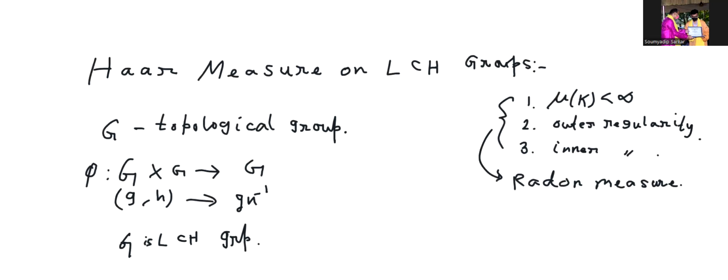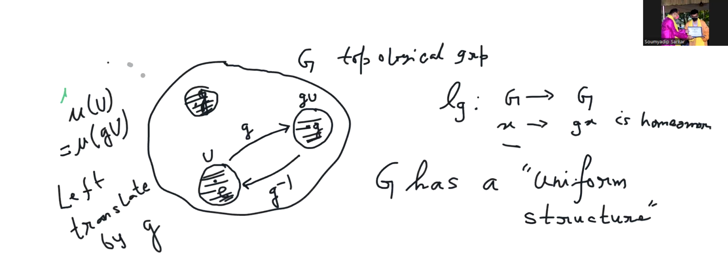So what is the interesting thing about topological groups? Topological groups have a very uniform structure. If you look at the left multiplication map, the map which takes x to gx, that means I'm looking at left multiplication by g, you can check that this is a homeomorphism.